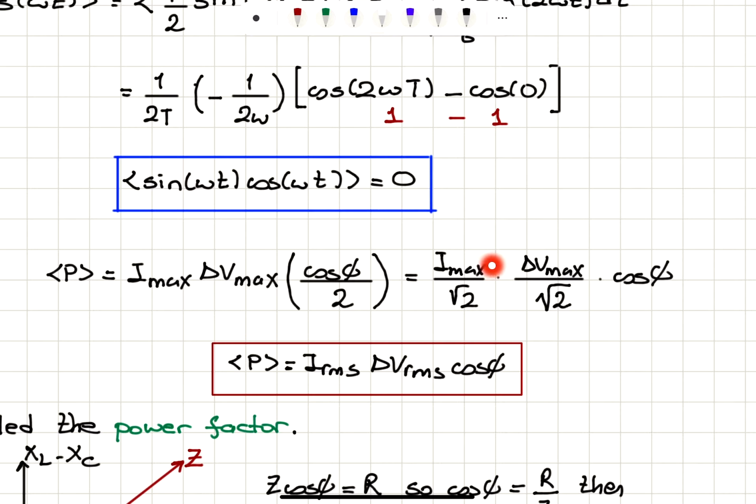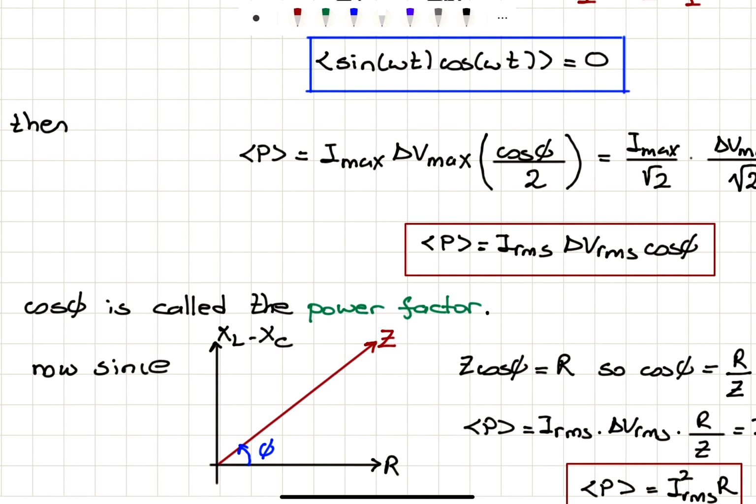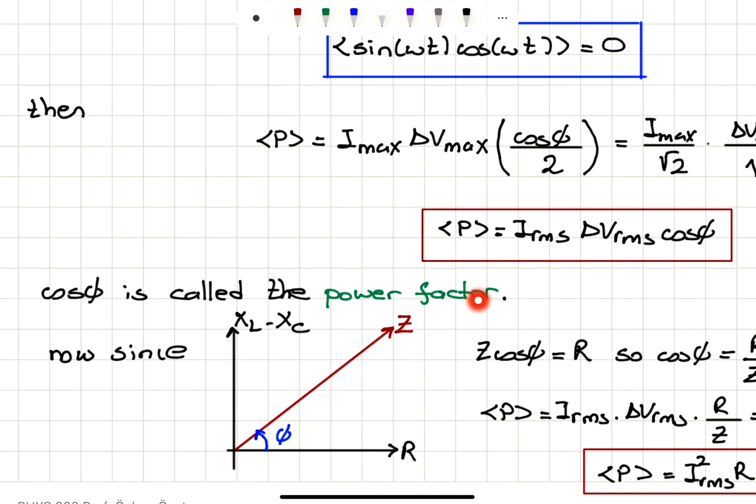Since I max over square root 2 is I RMS and ΔV max over square root 2 is ΔV RMS, the average power is I RMS ΔV RMS cosine φ. So when we write the power in terms of the current that flows in the circuit and the RMS voltage of the AC source, we have to introduce this factor cosine φ. Cosine φ is called the power factor.